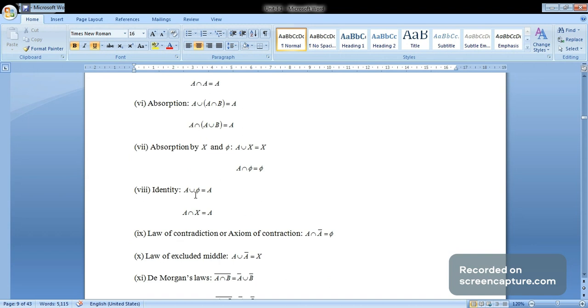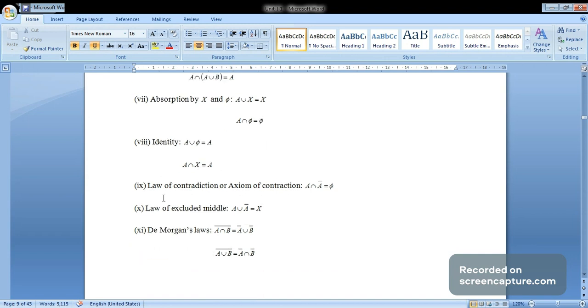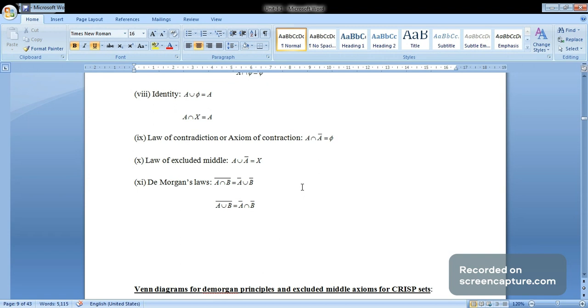Next, identity: A union pi equals A, A intersection X equals A. Law of contradiction: A intersection A complement equals pi. Law of excluded middle means A union A complement equals X. And De Morgan laws.